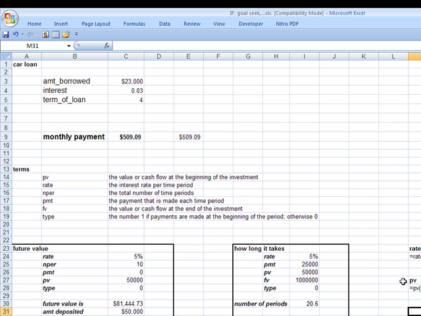Another function is PV. This is interesting. Let's assume we have this scenario. You'd like to spend a certain amount of time on a vacation, and you feel it'll cost you a certain amount of money per month to live there, and you'll need a certain amount of money at the end in order to come home.